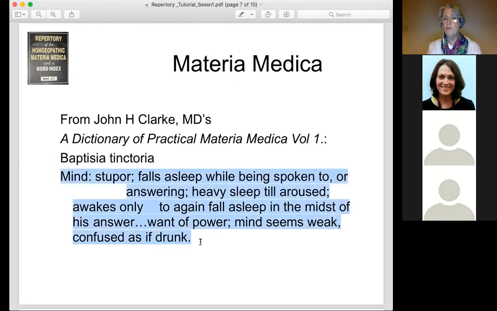Mind: stupor, falls asleep while being spoken to or answering. Heavy sleep till aroused, awakes only to again fall asleep in the midst of his answer. Want of power, the mind seems weak, confused, as if drunk. So this is the kind of symptom that we might see if we looked in Hahnemann's Materia Medica Pura or any other Materia Medica.